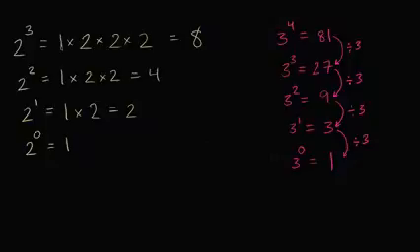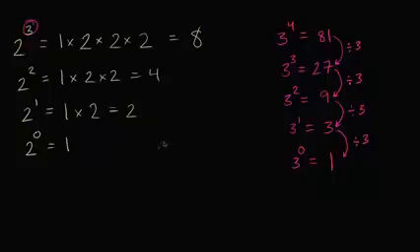Either if you view an exponent as taking a 1 and multiplying it by the base, the exponent number of times, so I'm going to multiply 1 by 2 3 times, or if you just follow this pattern that every time you decrease the exponent by 1, you're going to be dividing by the base. Either of those would get you to the conclusion that 2 to the 0 power is 1, or 3 to the 0 power is 1, or frankly, any number to the 0 power is 1.